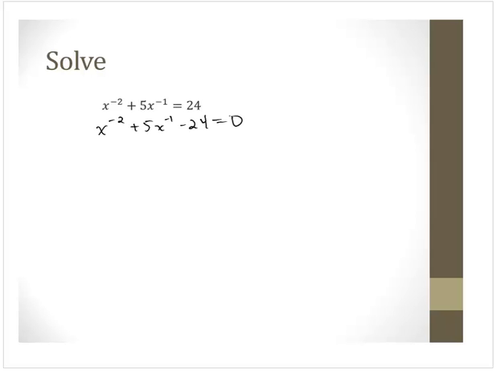And I'll make the substitution u equals x to the negative 1st. In making that substitution, notice that u squared would be x to the negative 1st squared, which is x to the negative 2nd. Resulting in the equation u squared plus 5u plus 24 is 0. Sorry, that should be a minus 24.